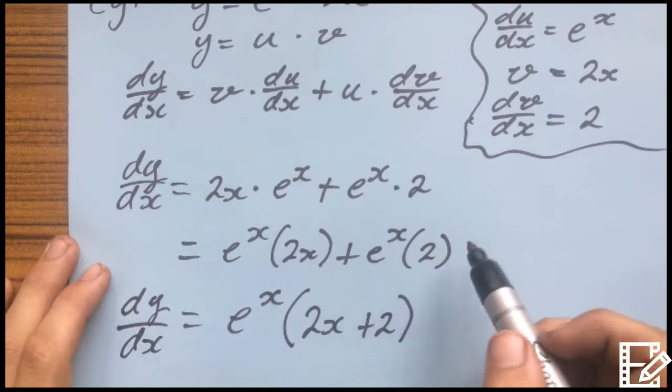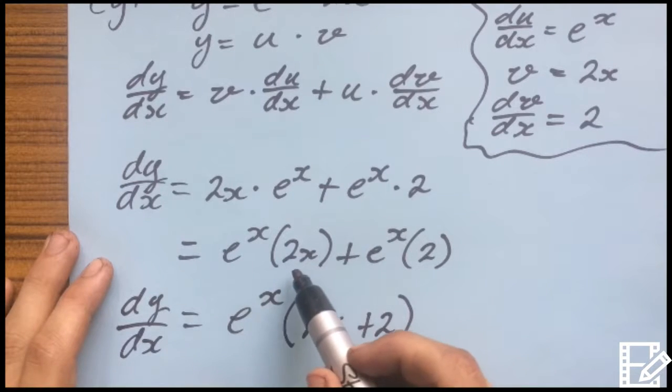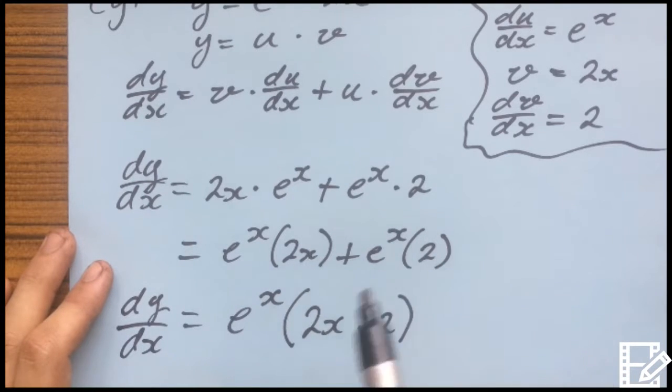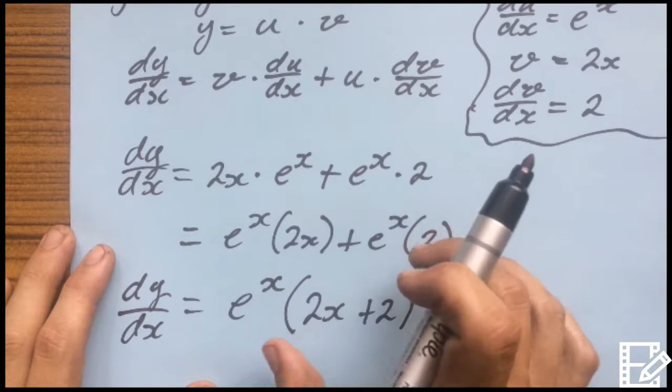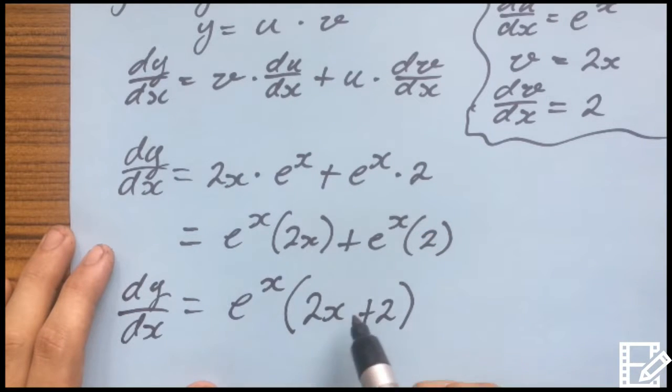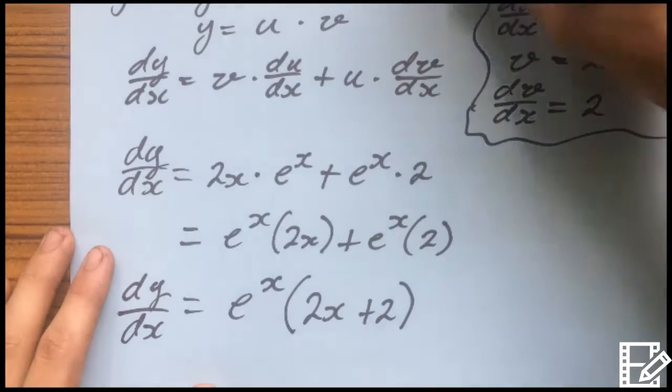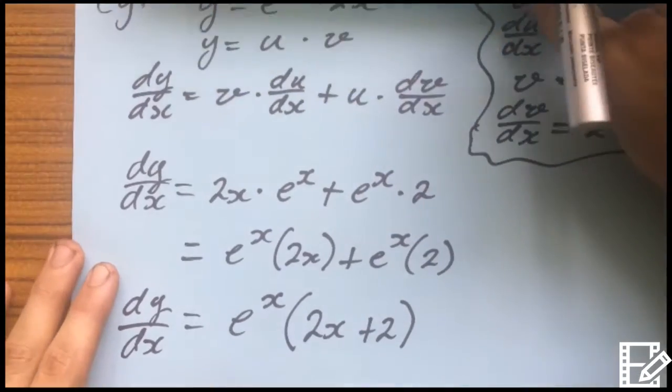Now this is because you have e^x multiplied by 2x, and you also have e^x multiplied by 2, and they're both added together. If you expand these brackets and multiply e^x by 2x and e^x by 2, you will get this. This is just a neater way of putting it. If you get confused with that, you might have to watch it again or practice examples like that one.